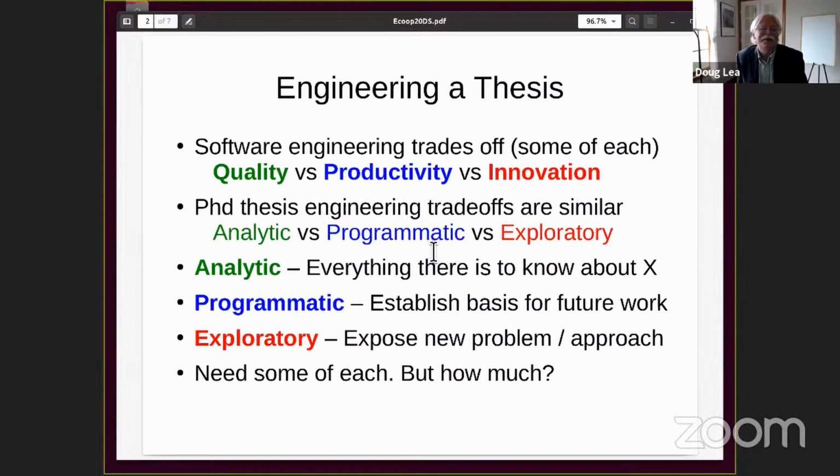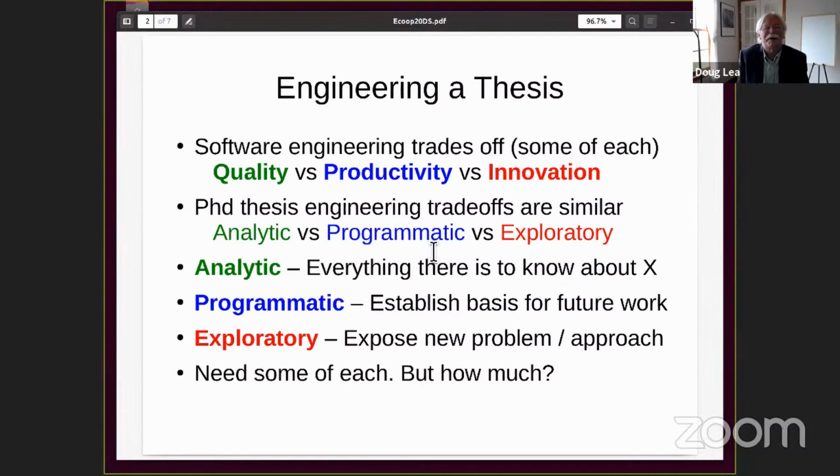That turns out to be about as good a guide to engineering and developing a thesis as a hunk of software. You can translate those sort of obviously. The quality is really the analytic side, the depth of understanding of a concept.